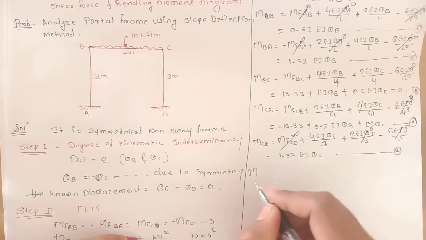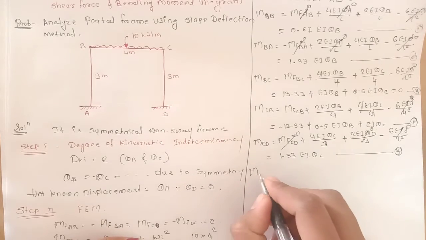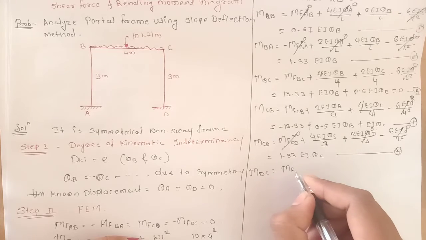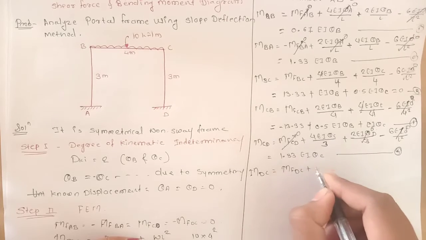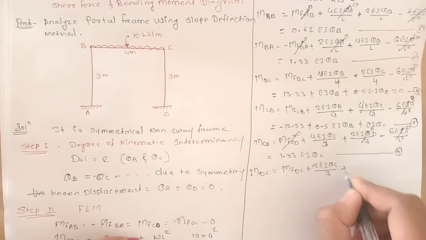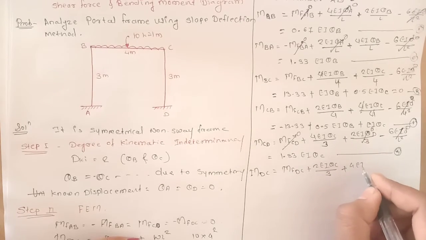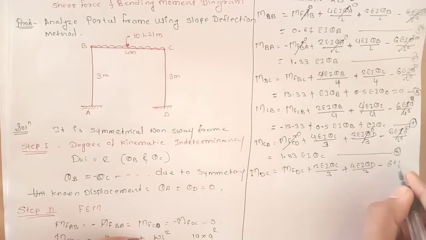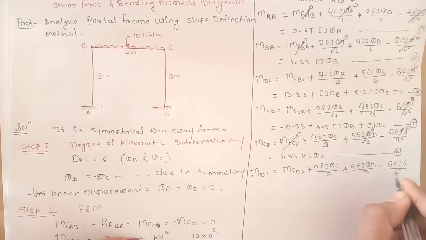And then last, slope deflection equation at member DC. The formula is fixed moment at member DC plus 2 EI theta C divided by length plus 4 EI theta D divided by length minus 6 EI delta divided by L square.